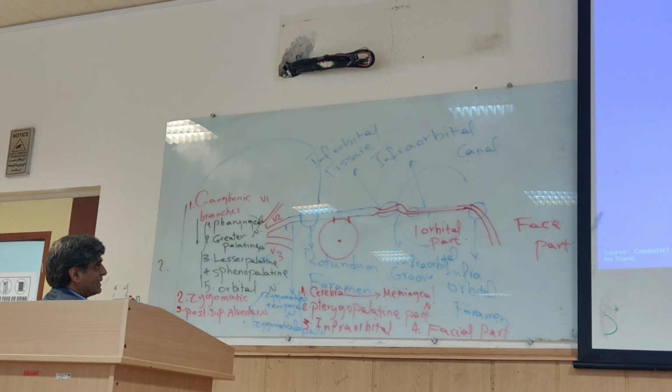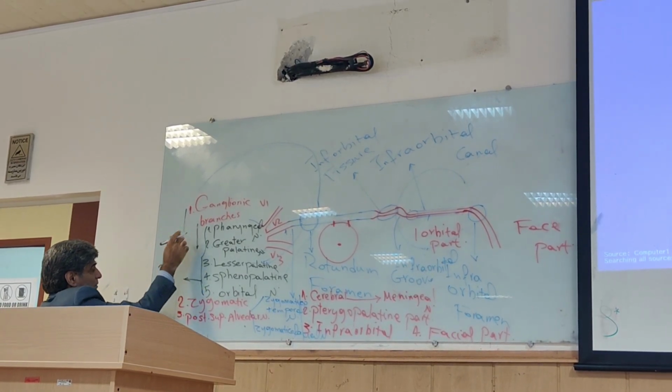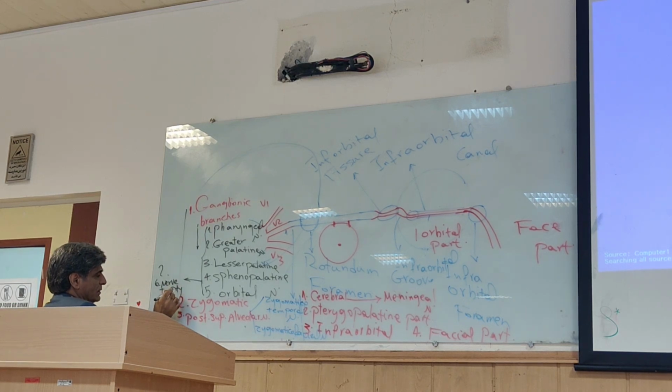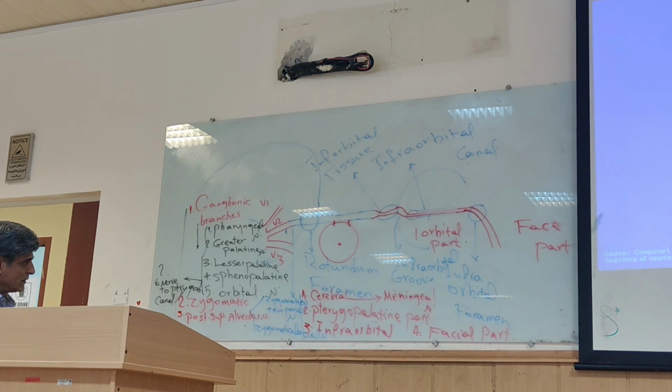This part has 6 branches of the ganglionic nerve: nerve to the pterygoid canal, zygomatic, posterior superior alveolar nerve, and sphenopalatine nerve.